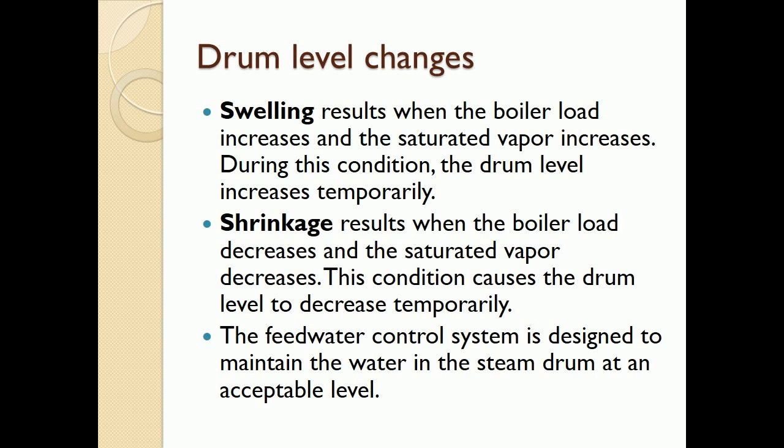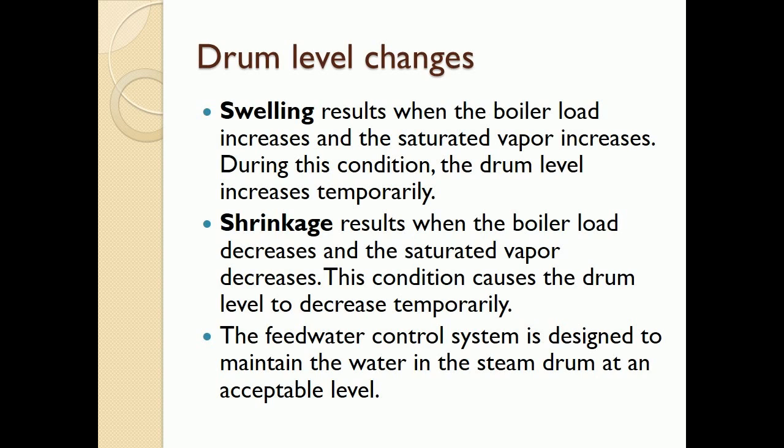What causes the steam drum level to change? 1. Swelling results when the boiler load increases and the saturated vapor increases. During this condition, the drum level increases temporarily. 2. Shrinkage results when the boiler load decreases and the saturated vapor decreases.